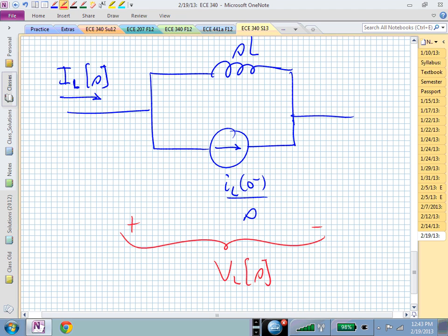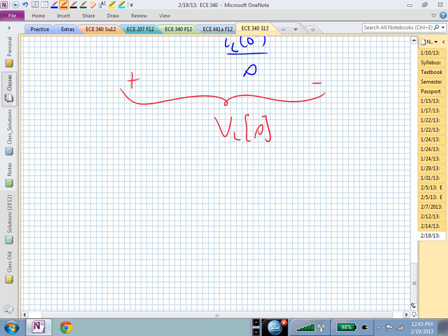Well, for nodal analysis, you might actually want to sketch this a little differently. You might want to simply turn this on its side and say that we have this I sub L coming in this way.